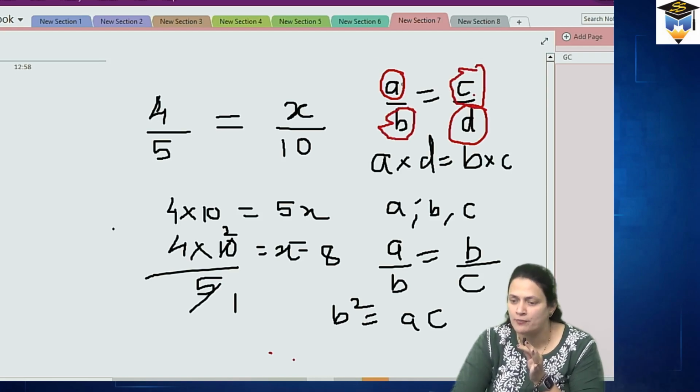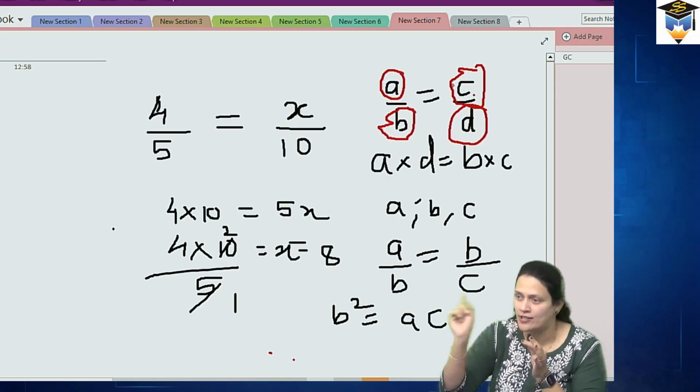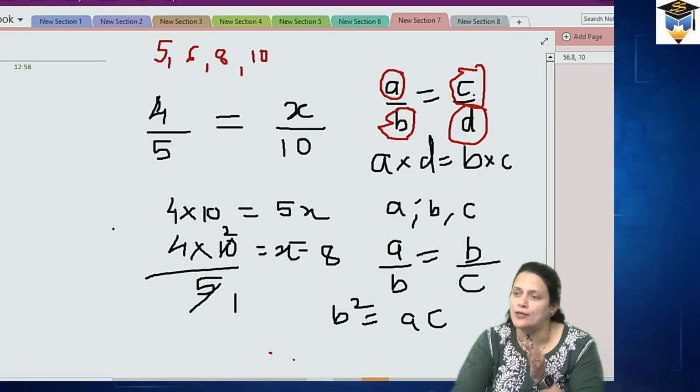So we say product of extremes is equal to product of means. So have you understood which are the extremes? If I say 5, 6, 8 and 10 are in proportion, which are the extremes? 5 and 10 are the extremes, and the mean numbers are 6 and 8.